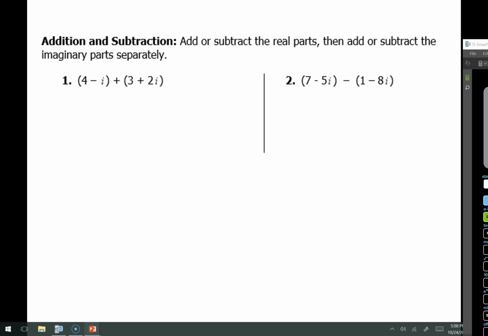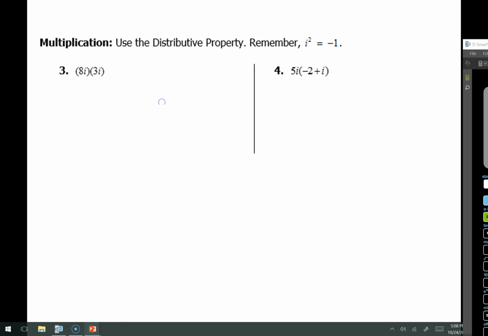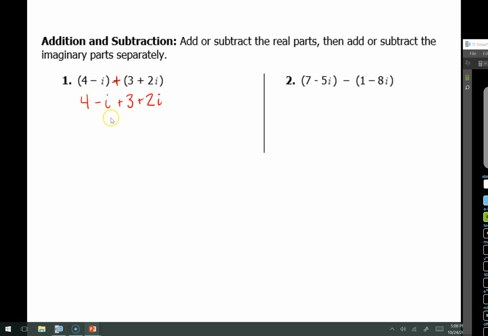So when I do these operations, notice I have this complex number, 4 minus i, that's being added to this other complex number, 3 plus 2i. Because it's addition, these parentheses that are holding things together don't tell me anything especially important. This is the same as 4 minus i plus 3 plus 2i because of the properties of parentheses and addition.